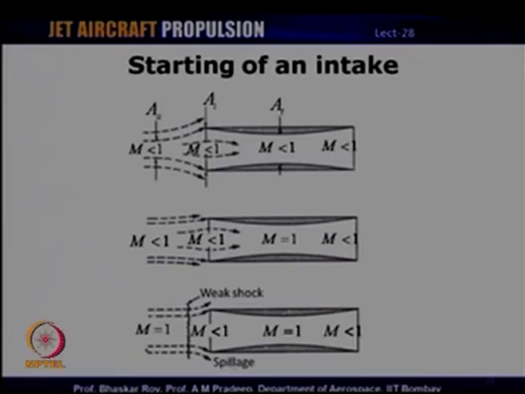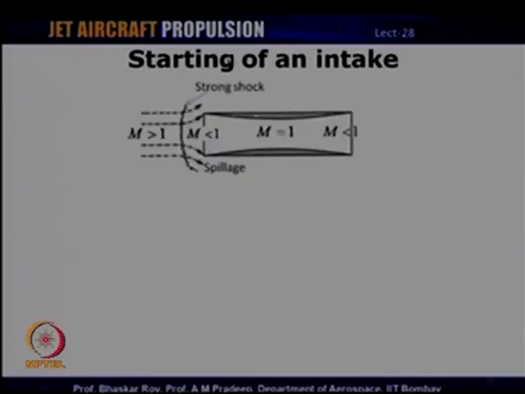Now, as we increase the Mach number further at supersonic speeds, this weak shock becomes a strong shock and it takes a curvature; this is known as a bow shock. Downstream of the shock it is subsonic, the Mach number becomes sonic at the throat, and then it continues to remain subsonic. One might think, why not operate the intake in this condition?